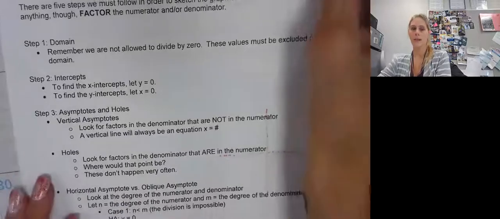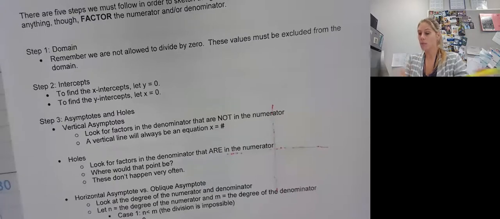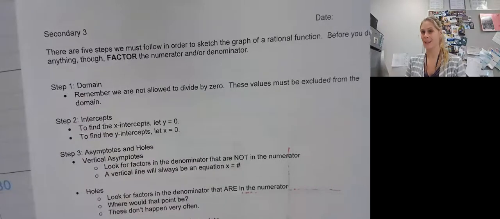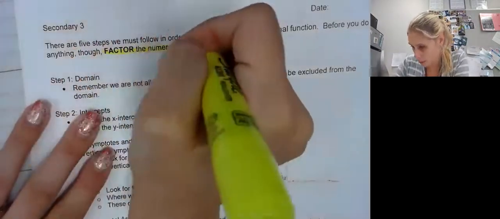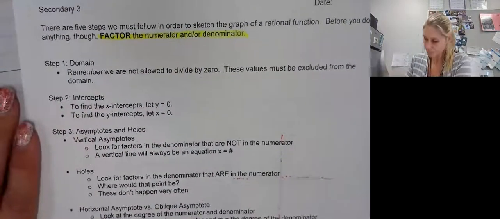All right, so here I want to take notes on how we find these certain features. The first thing I want you to do, no matter what, even though this says step 1, technically that's not step 1. Your step 1 will always be to factor the numerator and denominator. That's going to help you out the best.